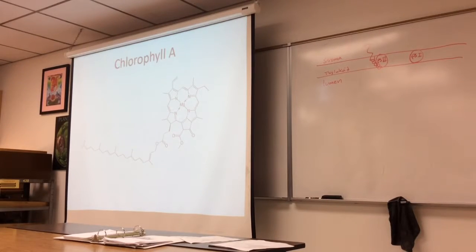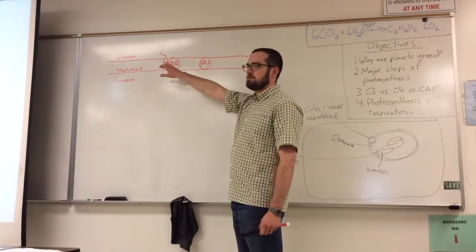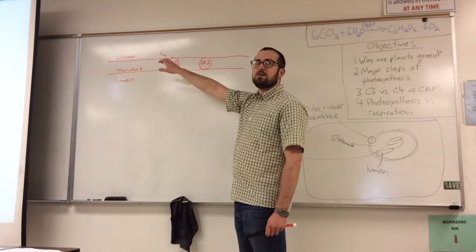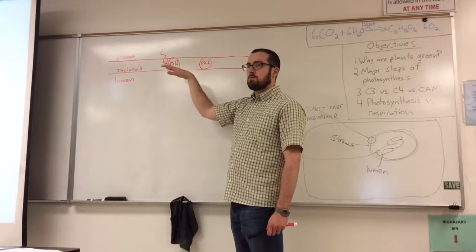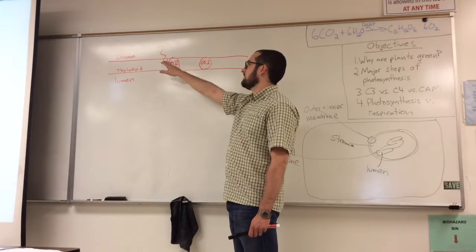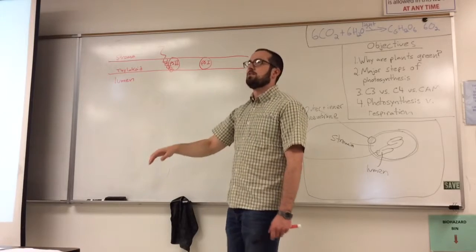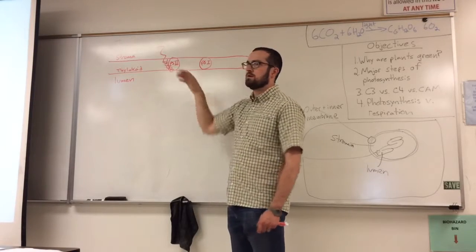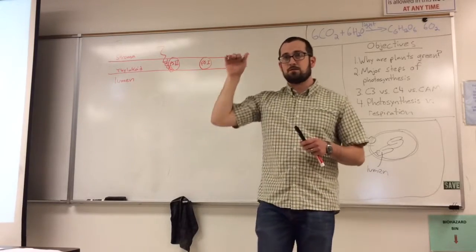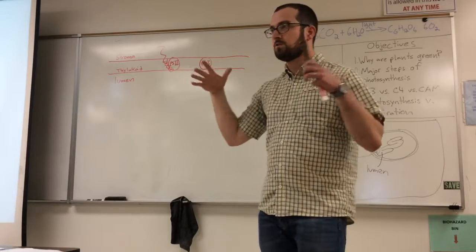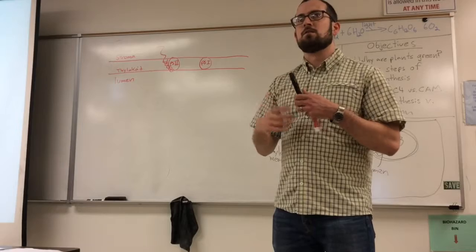And so it's going to bump into a neighboring pigment and transfer the energy from that excited electron to it. And so the electron in this first pigment will fall down to a stable energy level, and then the electron in the next pigment will get excited. And through this process, the energy from the photons is going to be funneled into what's called the reaction center in the photosystem.